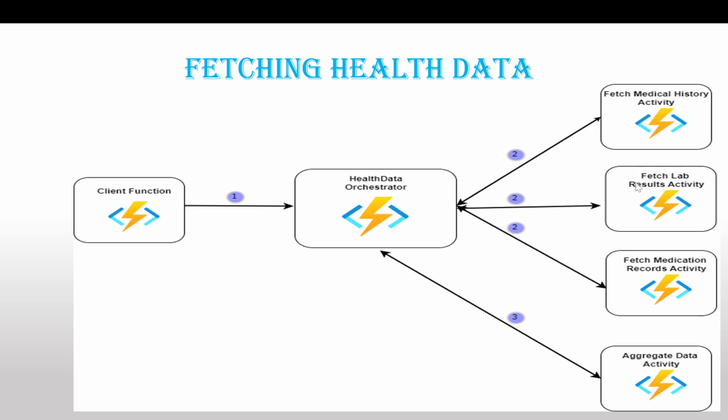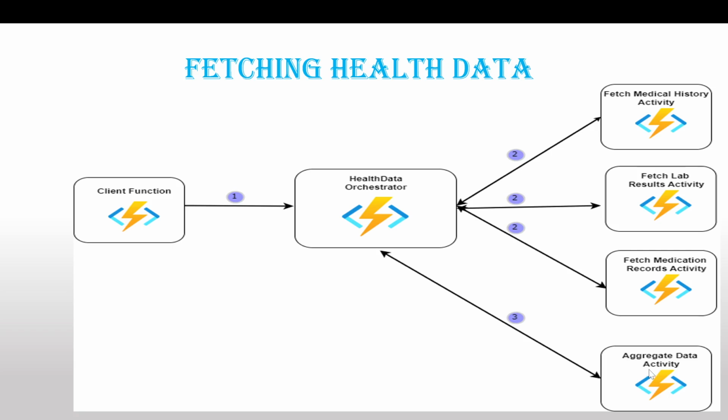The orchestrator function will invoke all these three activities in parallel. That is why, if you see the numbers, it is 1 and all of these are 2, because they are executing in parallel. Once these activities are completed, they will send the output to the orchestrator function. The orchestrator function will send the output of all these three functions to another function called the aggregate data activity.